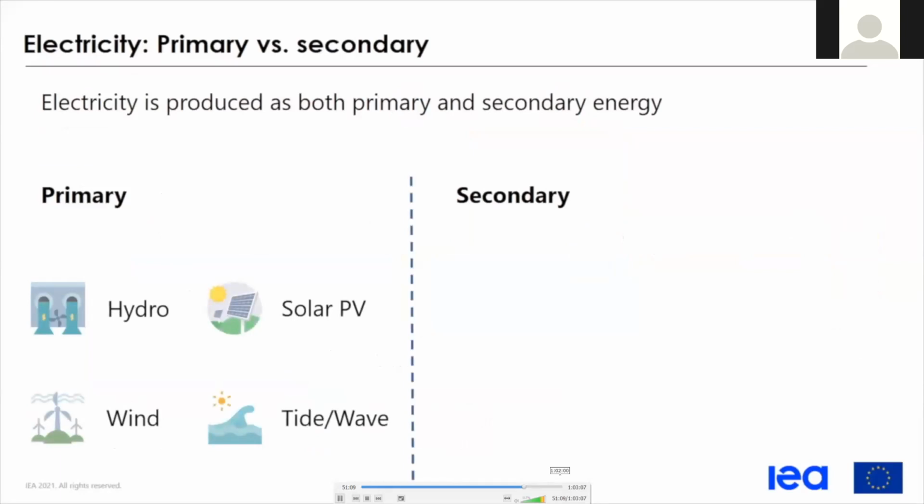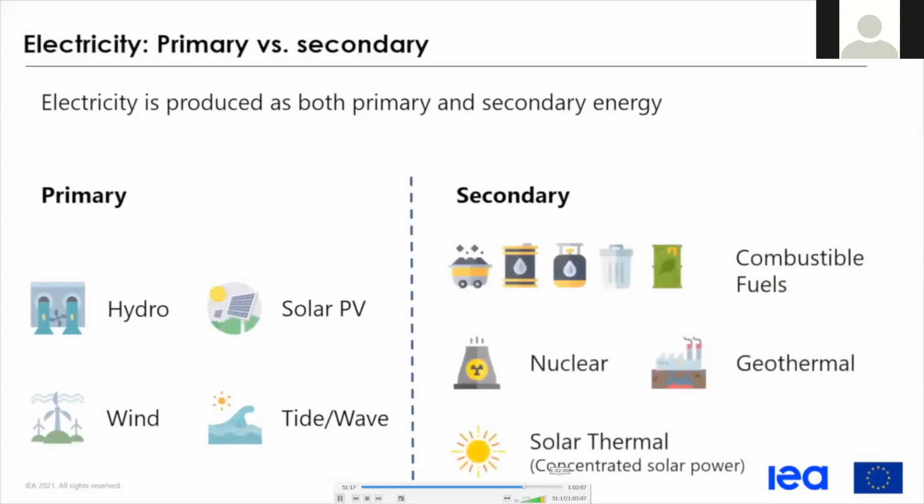Secondary electricity is obtained from the heat generated by burning a combustible fuel, so either fossil fuel, coal, oil, gas, etc., or also from nuclear fission, from geothermal energy, and from solar thermal heat. So this is the first distinction that you can find in the dataset when we talk about primary electricity and secondary electricity.